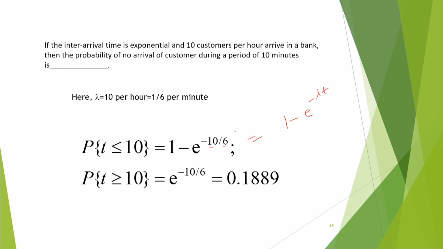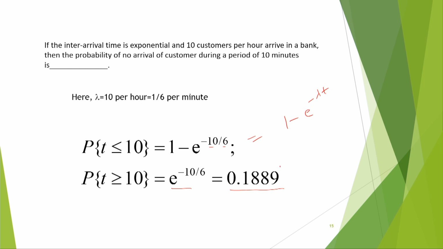And P of t greater than 10, that means no arrival of a customer during a period of 10 minutes, that means time should be greater or equal to 10, we are finding that out. So, that is 1 minus this quantity, that is e to the power minus 10 by 6, which becomes basically 0.1889.